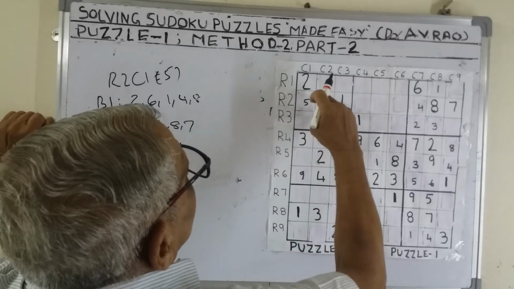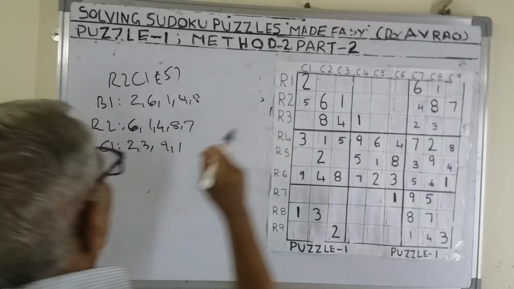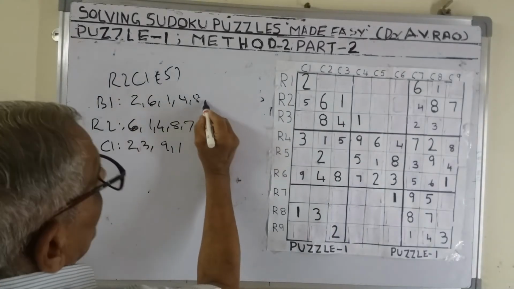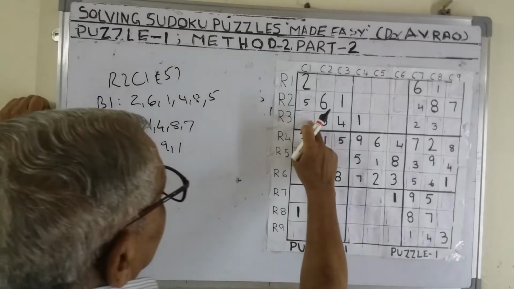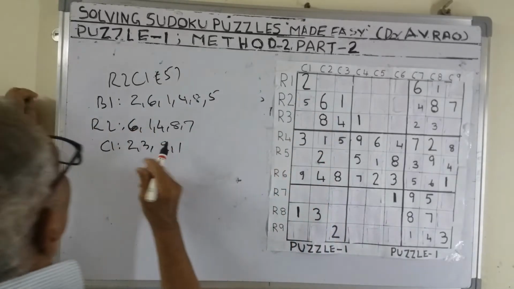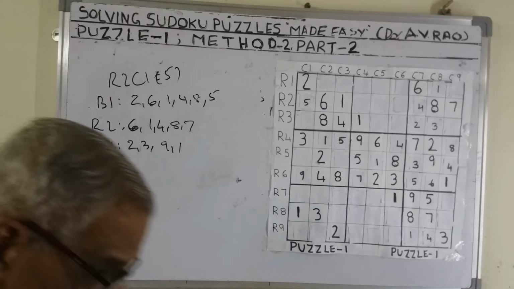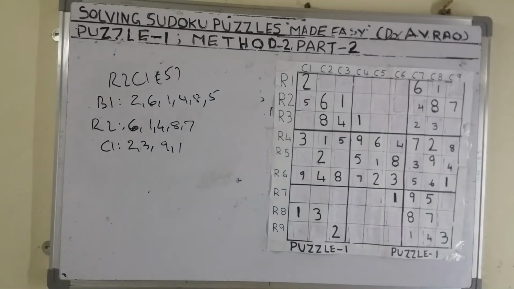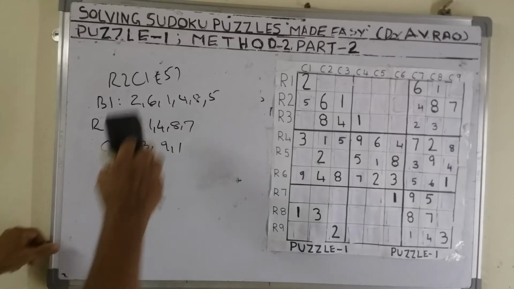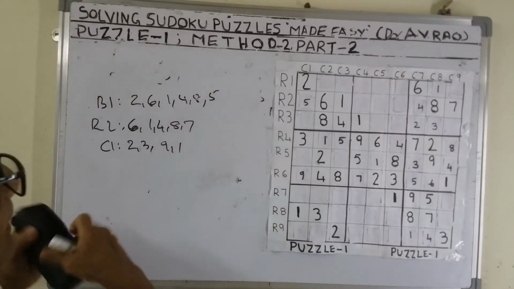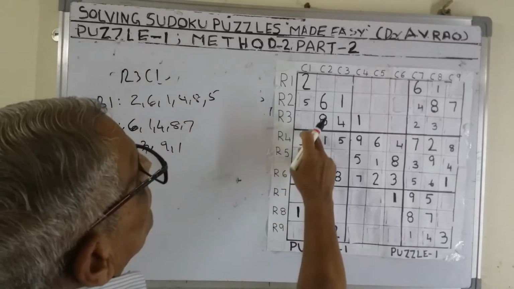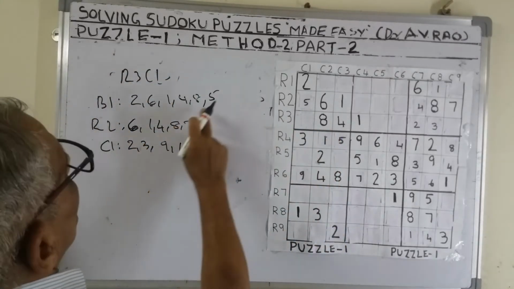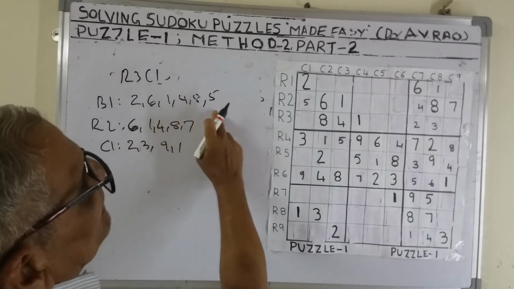Now let us come to this box. Another number has been added in the box: 8, 4, 5. Let us see this cell R3C1. The box already has 2, 6, 1, 8, 4, 5.